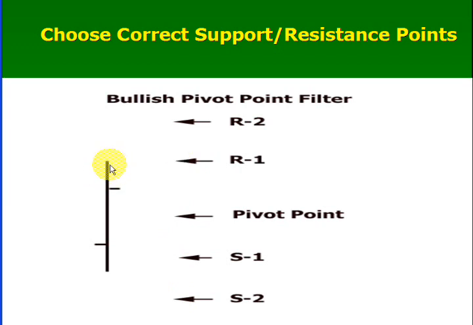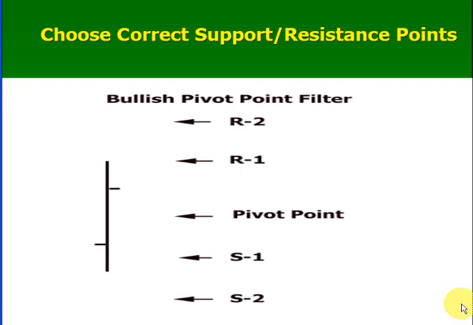First off, the R2 number would be way up here. The R1 would be at or above the prior high. The pivot point would be slightly at or above the midpoint of that range. S1 would be above the low. S2 would be, of course, an expansion of the overall range and an expansion of the low to the downside. So S2 would be lower than the prior time period's low. So that's how pivot point analysis and the mathematical calculations works out.